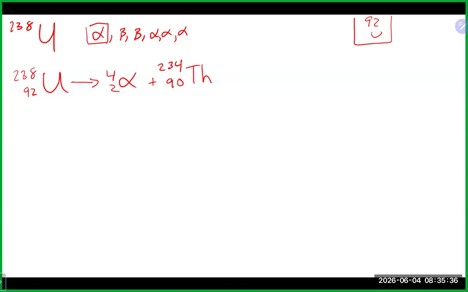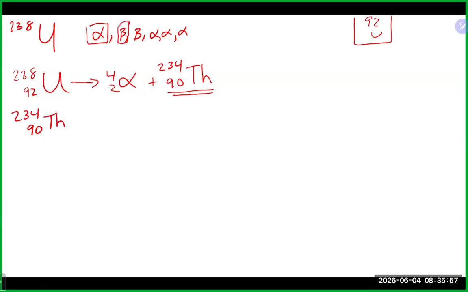Now, this is our first step in our decay process. This is what will actually be formed. And in a decay series, we basically just take what is formed in the previous step, and that is what we start with next. So we would take this one down, and now it is going to go through a beta decay.